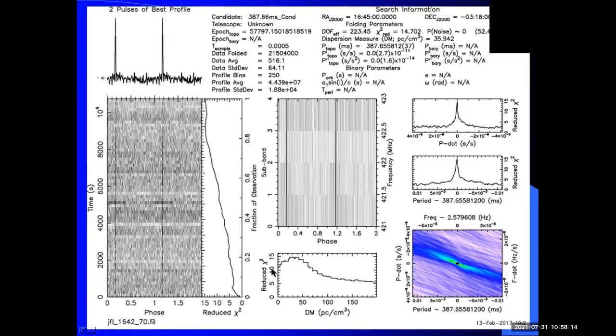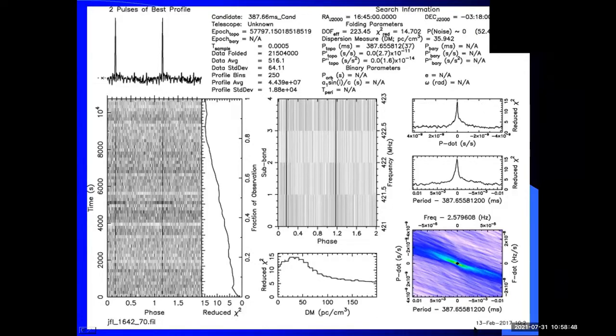This bottom one is the dispersion measure plot, and once again we use the reduced chi-squared to sense it, and what it does is it scans all the dispersion measure values, and what we expect to see is it to peak up at the pulsar's dispersion measure. Now this is pulsar 1642, and its dispersion measure is about 36. So you can see this is peaking up at about the right place.